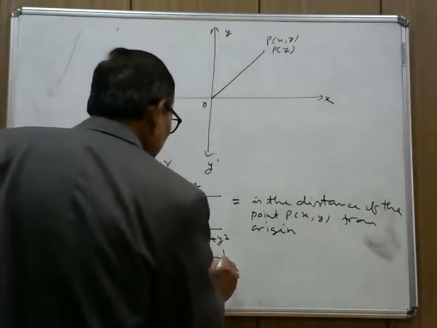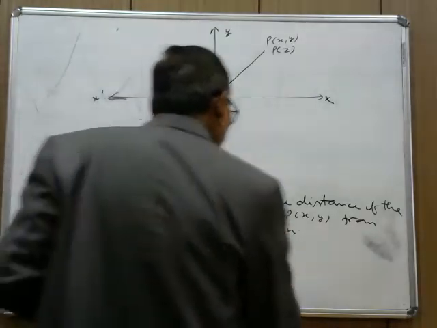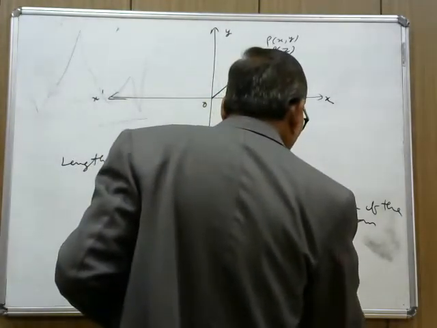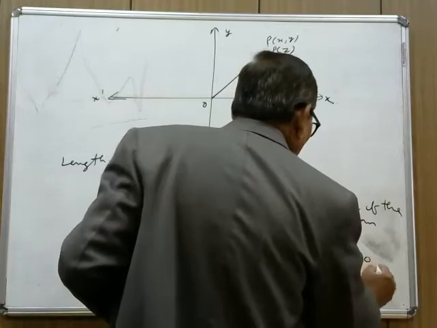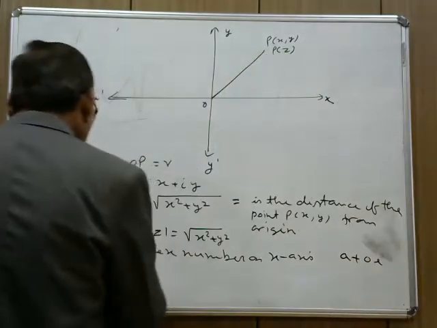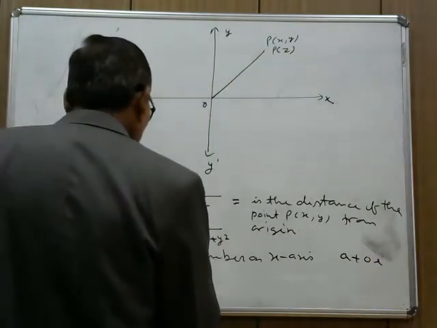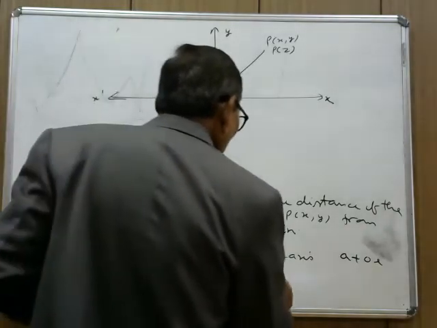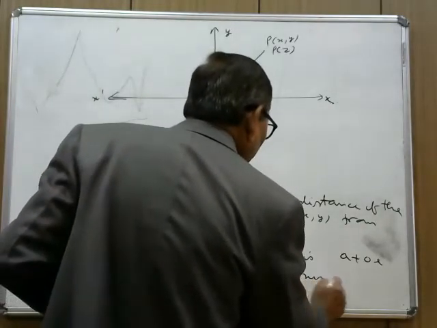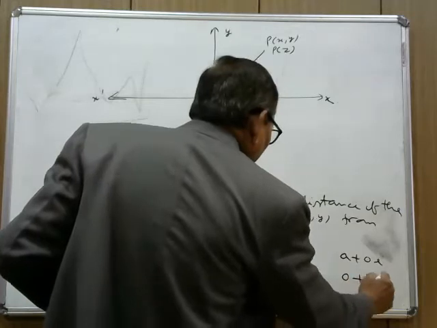Now you can say that this axis is the real axis. Any complex number on the x-axis is of the form a plus 0i, and any complex number on the y-axis is of the form 0 plus bi.